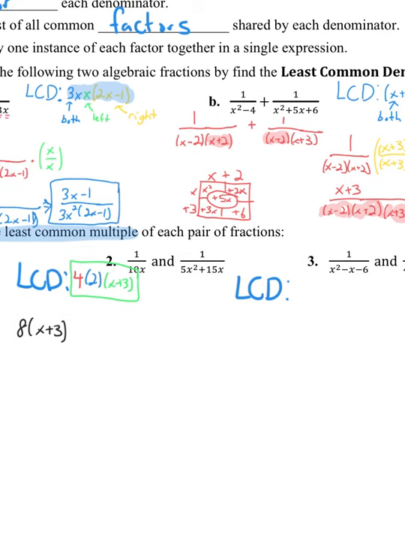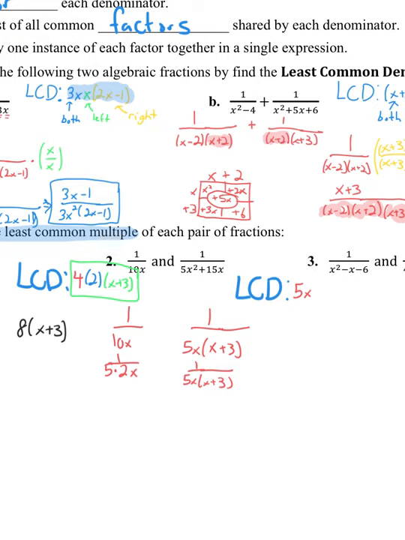For problem number 2, it was 1 over 10x. And the other one was 1 over, looks like I have a common factor of 5x on both sides. So I get an x plus 3. And again, I have the same situation where a 10 could be rewritten technically as 5 times 2. So both sides are going to have a 5x.